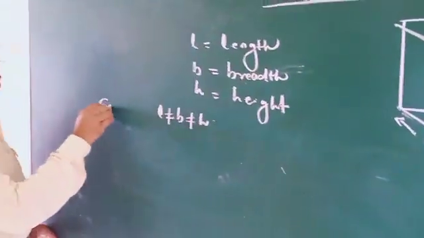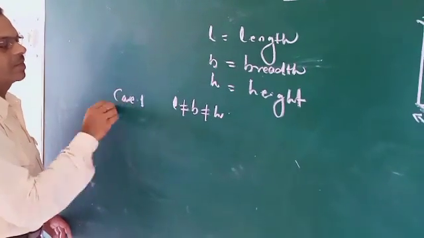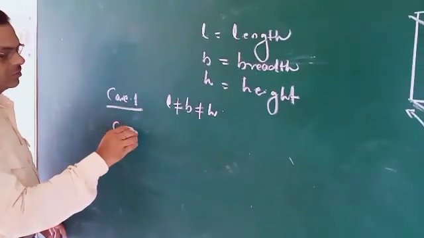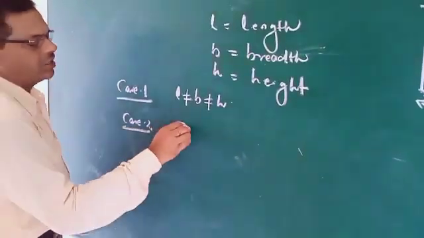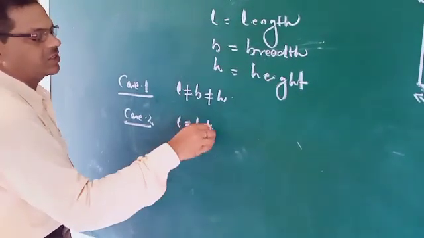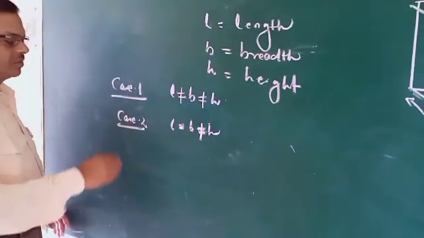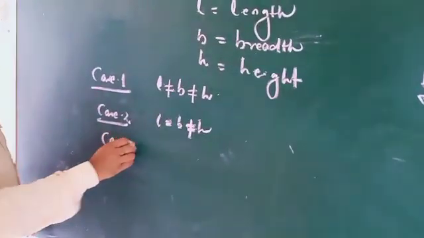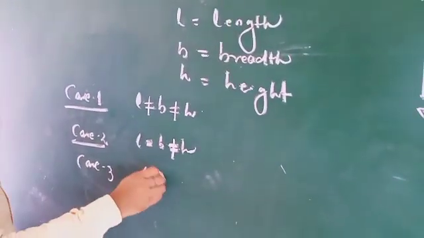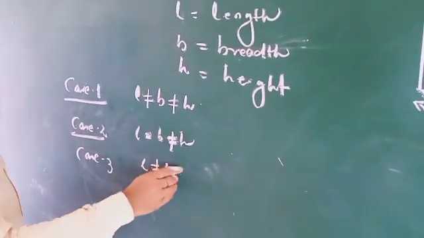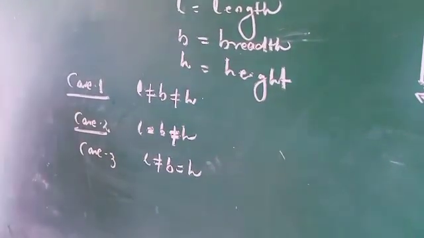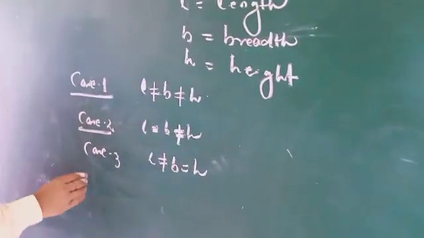This is case 1. Case 2: L is equal to B, not equal to H. This is also a cuboid. Case 3: L not equal to B, B is equal to H. This is also a case of a cuboid.